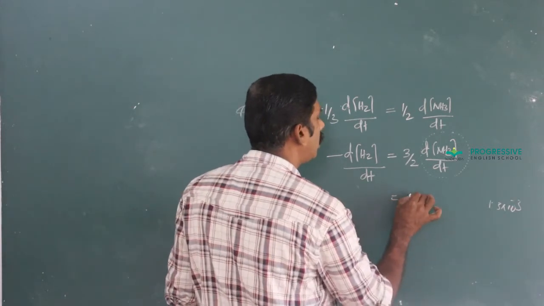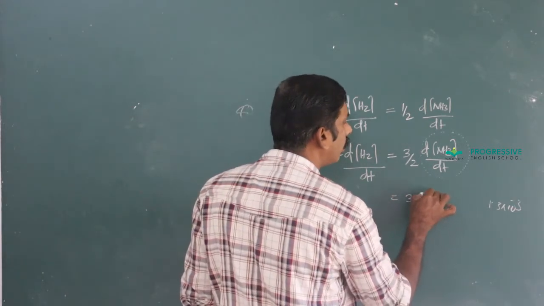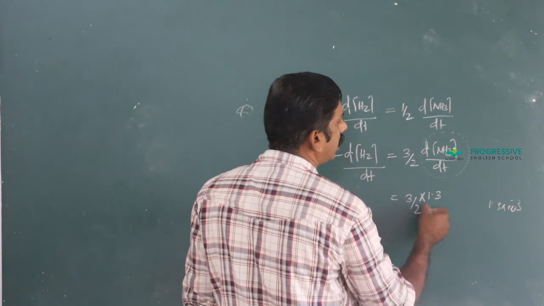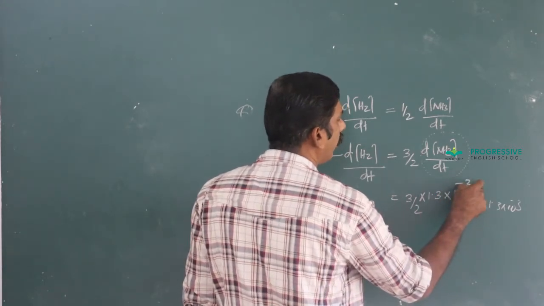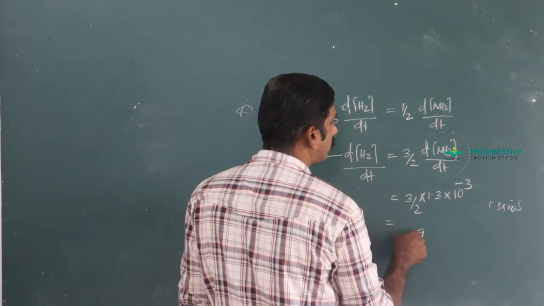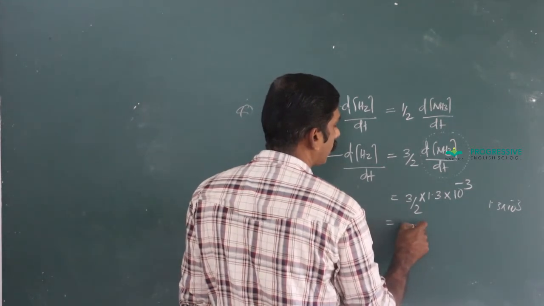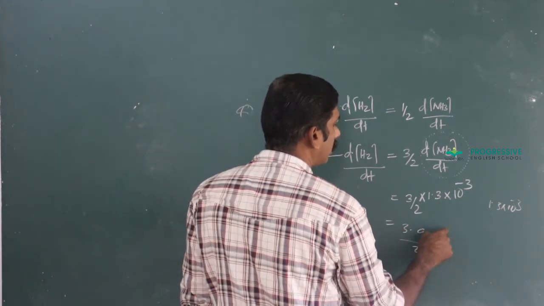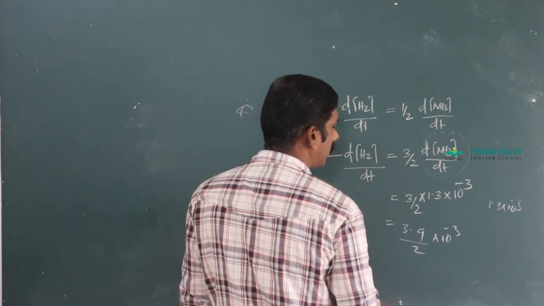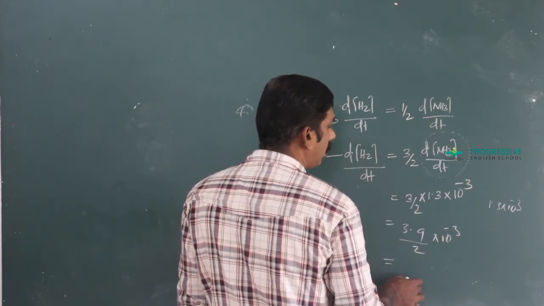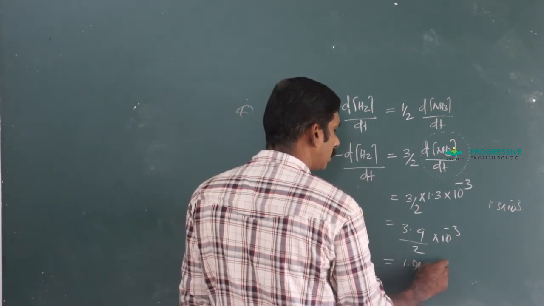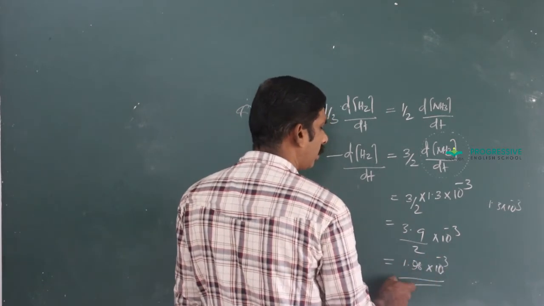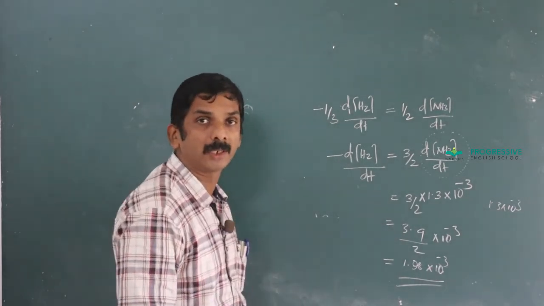That is 3 by 2 into 1.3 into 10 raised to minus 3, approximately 1.985, or 2 into 10 raised to minus 3.